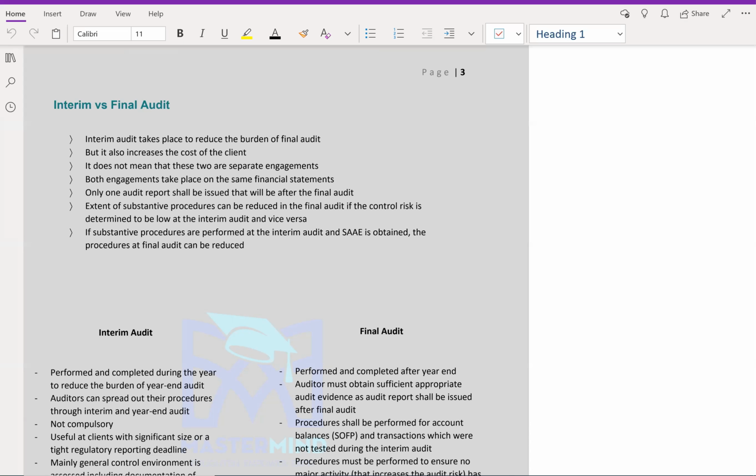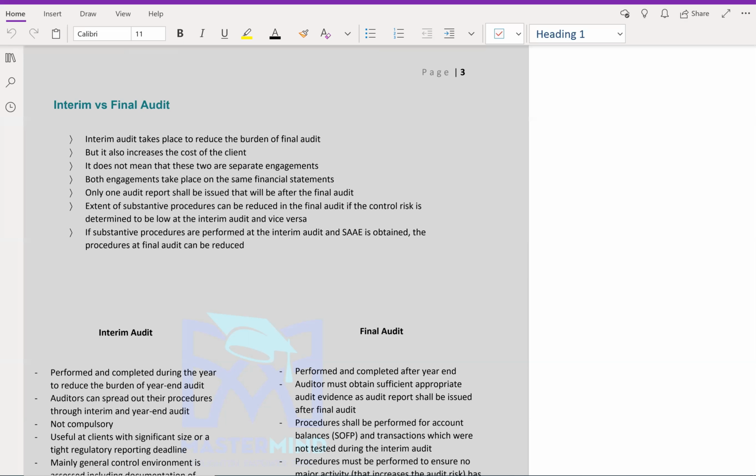So interim audit technically is all about assessing the control environment of the client. Because if the control risk is high, obviously you perform greater, more extensive procedures during the final audit. Interim audit helps you a lot in planning your final audit.